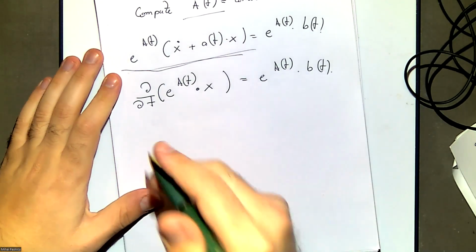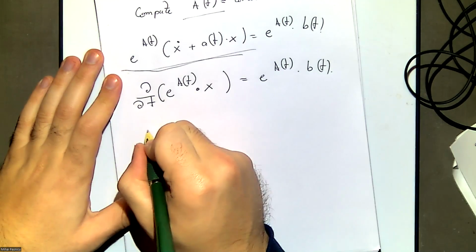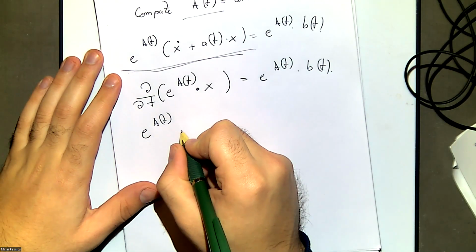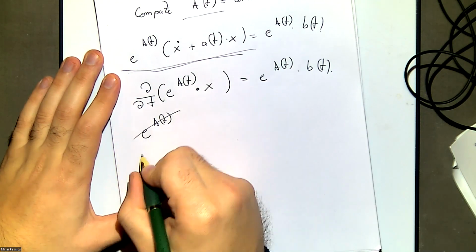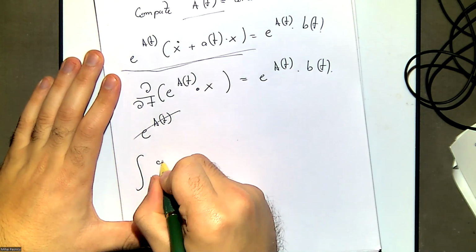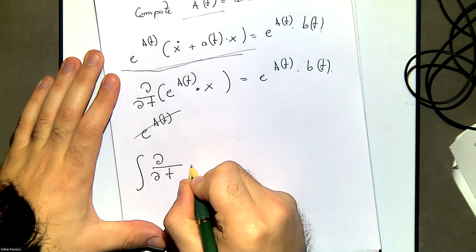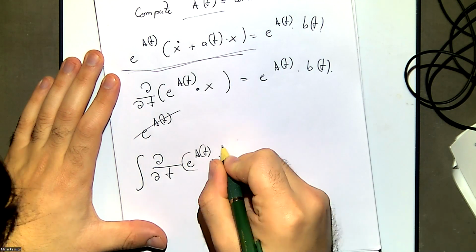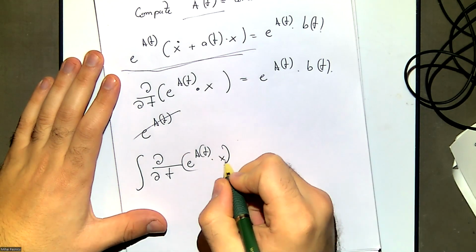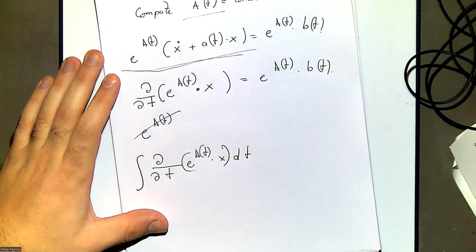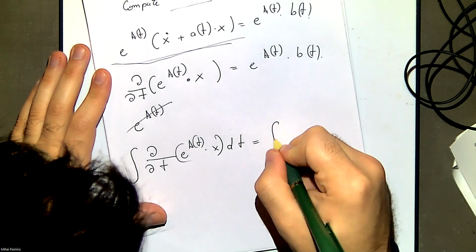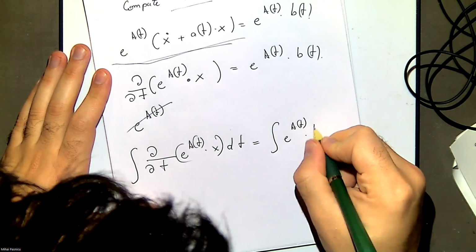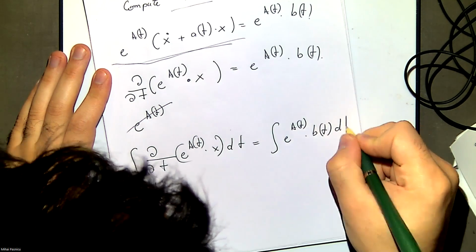And now we just integrate both sides. Let's write the integral nicely: the integral of the derivative with respect to t of e^(A(t)) times x dt, very important, is equal to the integral of e^(A(t)) times b(t) dt.